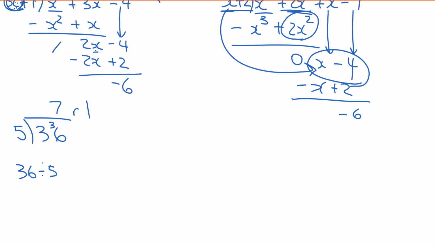Remainder 1. Is that right? What is that remainder 1? It's 1/5. Why is it 1/5? What is it about the 5? It's because of what you're dividing by.